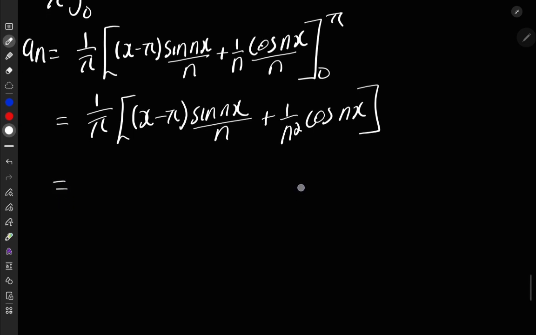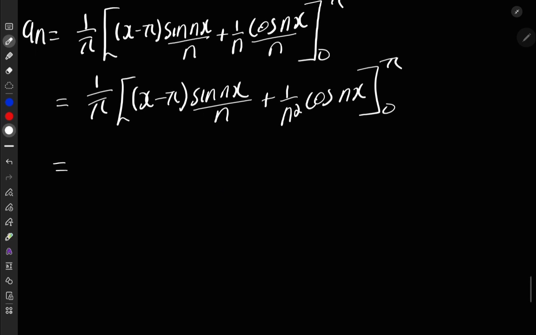And when you substitute from 0 to pi, you start with pi, but you know that sine of pi is 0, so the whole thing is going to be 0 here. And when you substitute pi in cos, you just get cos pi n over n squared.